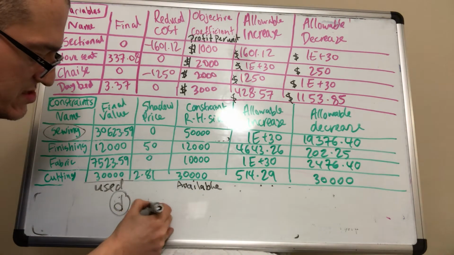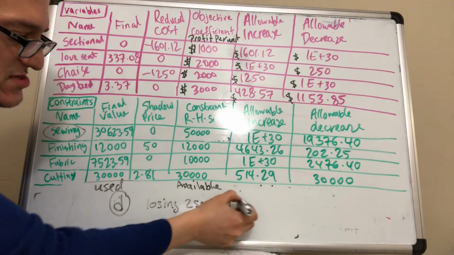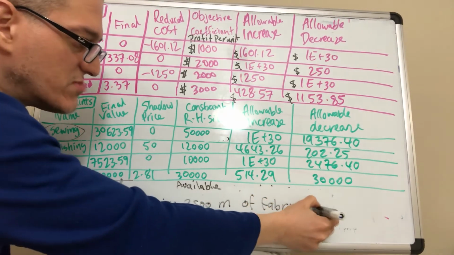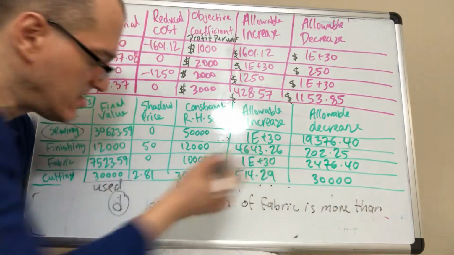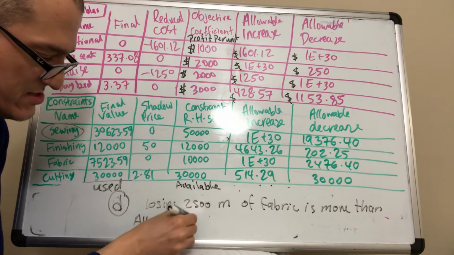So losing 2,500 meters of fabric is more than allowable decrease.